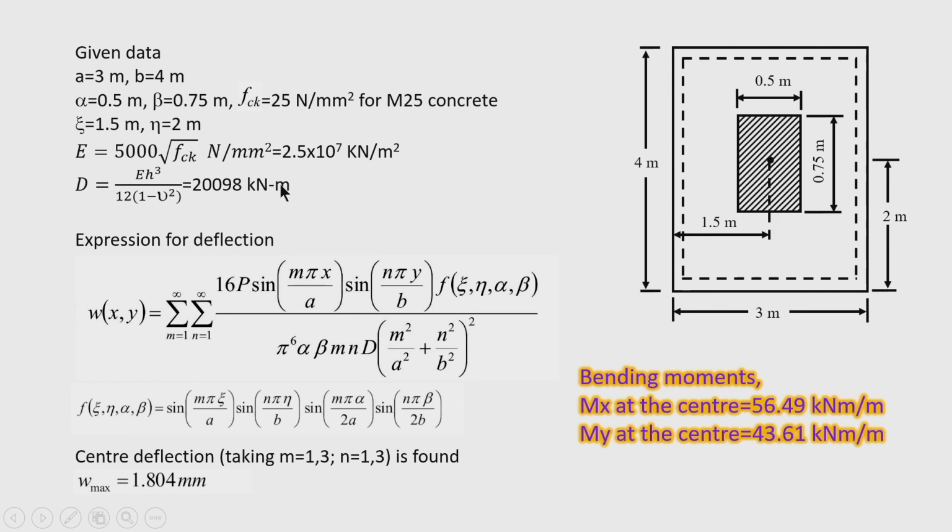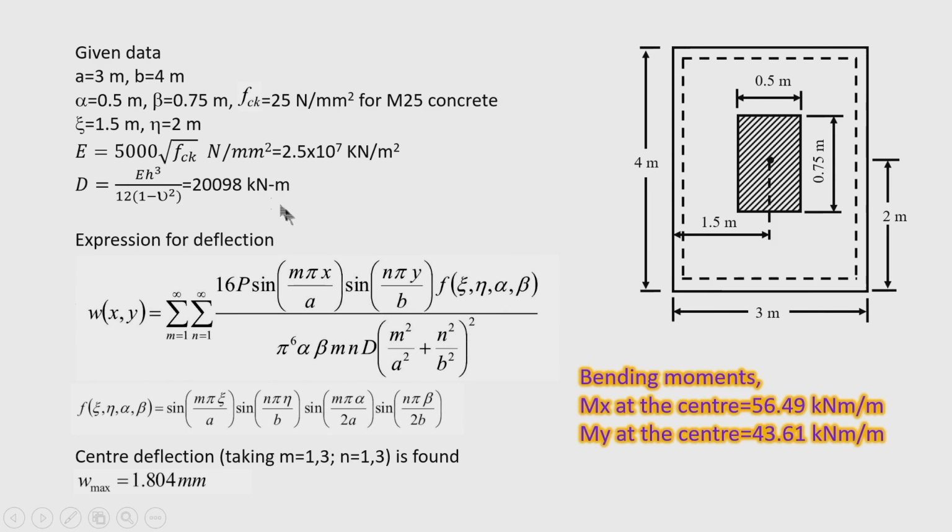20098 kilonewton meter. So, the expression for deflection is this: 16 P sin m pi x sin n pi y by ab, and this function f xi eta alpha beta, which contains the coordinates of the centroid of the load and the dimensions of the loaded area, and the numerator contains this pi to the power 6, alpha beta are the dimensions of the loaded area, m n are the integers, and D is the flexural rigidity we have already computed here, and these functions are there, m square by a square plus n square by b square whole square.